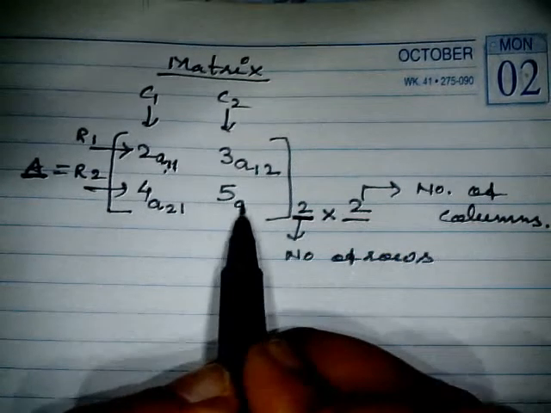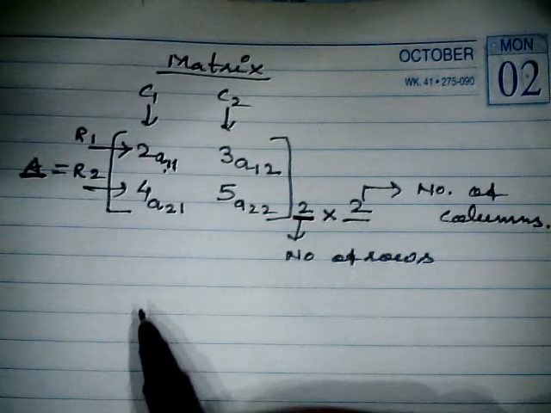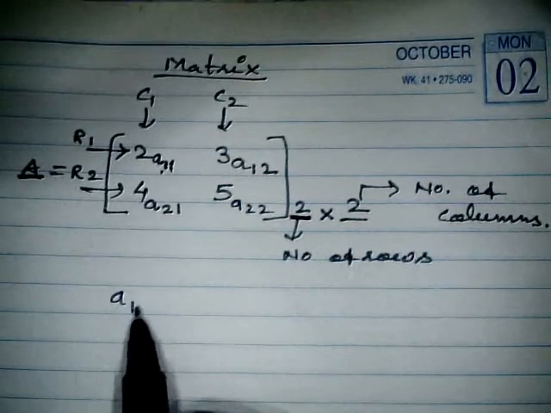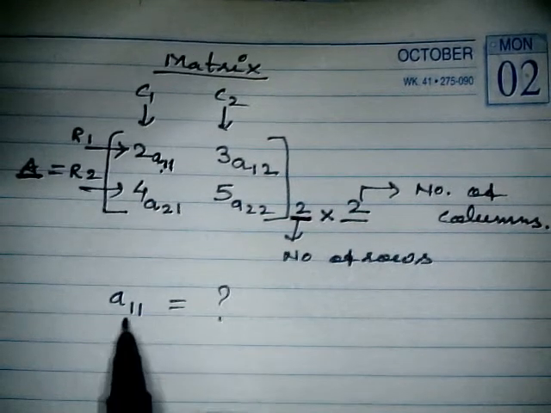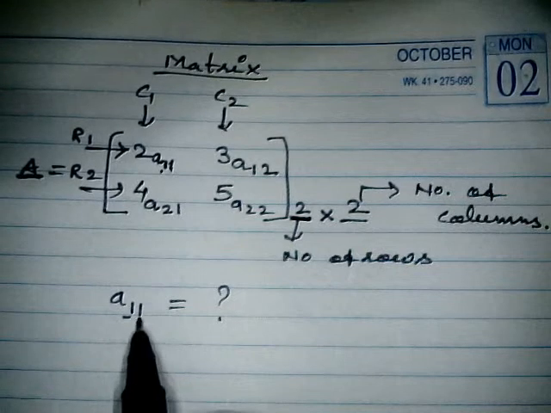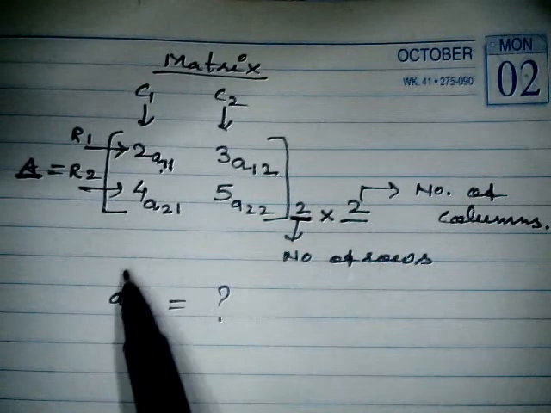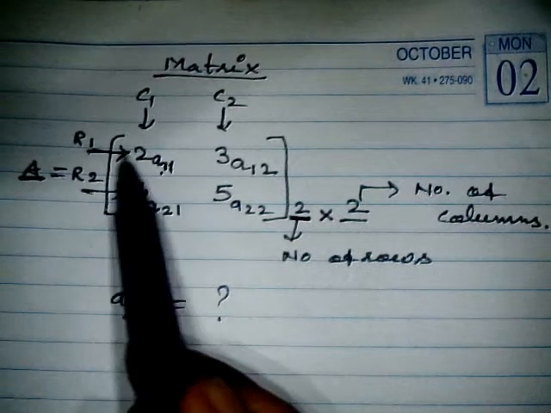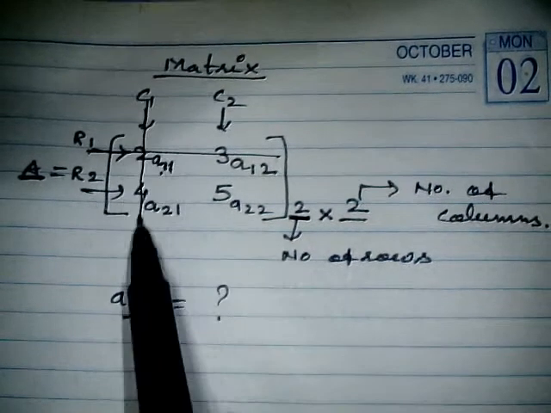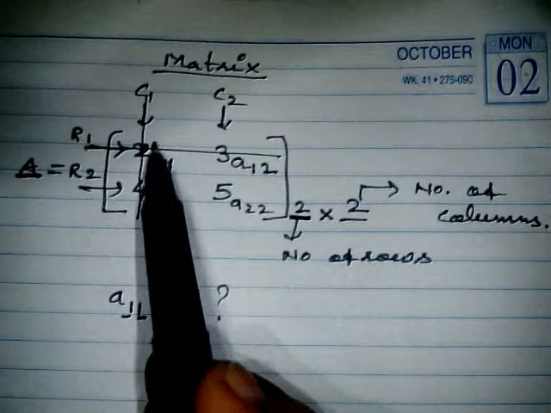If I say find out A11, what is A11? It means first row and first column. The intersecting point will be your answer. When you draw first row and first column, where they intersect, what is the value at this place? So 2. A11 is 2.